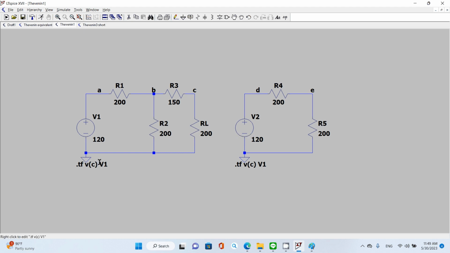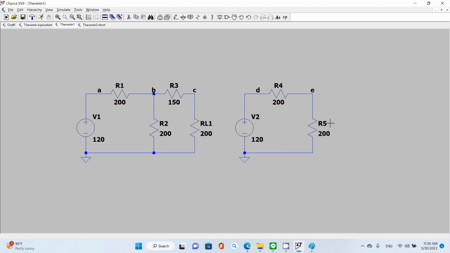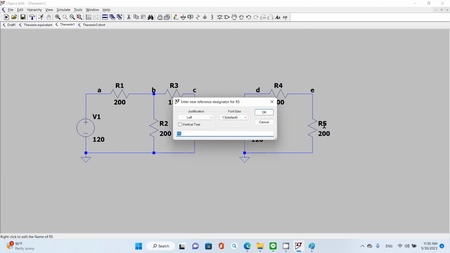And then you don't need this one because you're not looking for output resistance. I'm going to kill this. You go to the scissor, you kill it, you kill it. And then what else do I need to change? This RL, let's make it RL1, and this also becomes RL2.